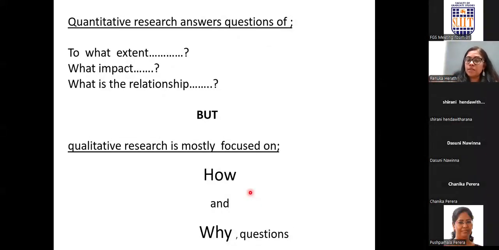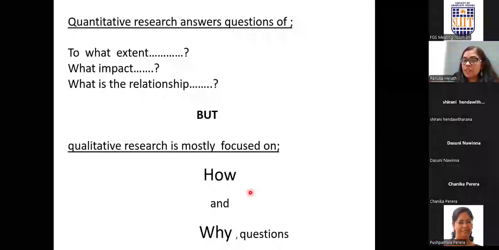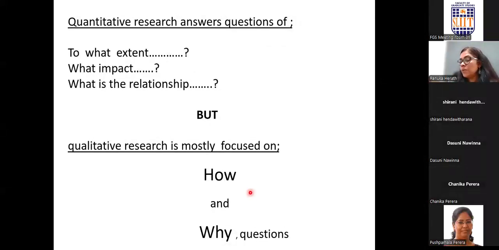Once you're satisfied with the answers that you have achieved after conducting your research, you can present your findings through a presentation or as a publication or whatever it is. Since we really want to find out the answers for our research questions, that is why we are doing our research.